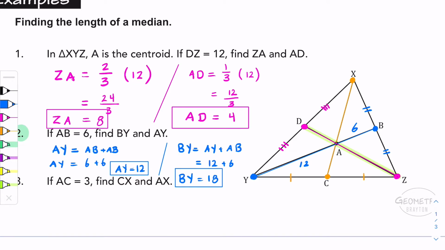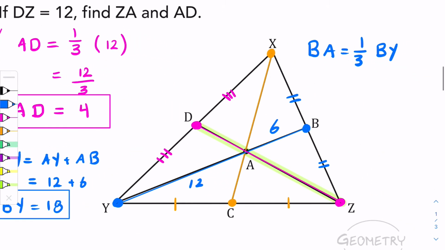Okay, what you could have done was you could have started with knowing that BA, I'm going to write this over here, BA is 1/3 the length of the total segment, BY. I just wrote that wrong. Okay, and then from there I could fill in what I know.